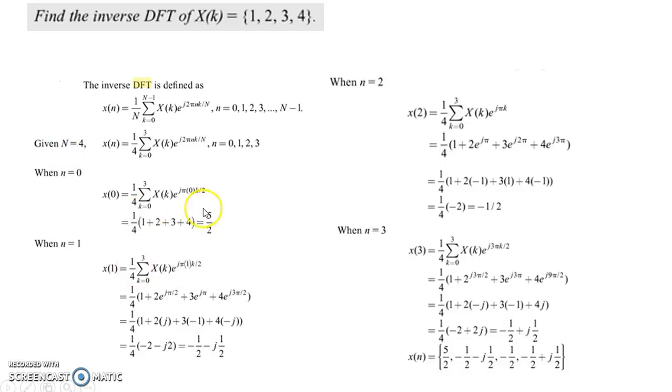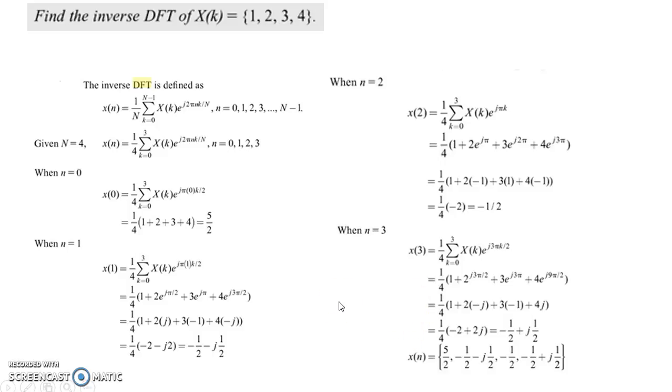You solve these by substituting the values, and you get the following values as the final solution. So we have 5 by 2, minus 1 by 2 minus j 1 by 2, minus 1 by 2, and minus 1 by 2 plus j 1 by 2, and this is the final solution of the inverse DFT of x of k equal to 1, 2, 3, 4.